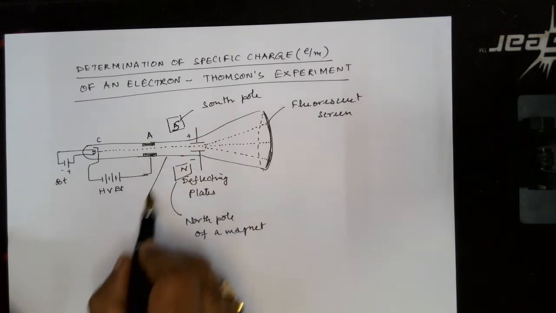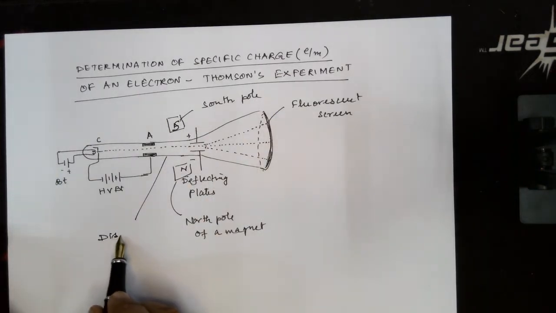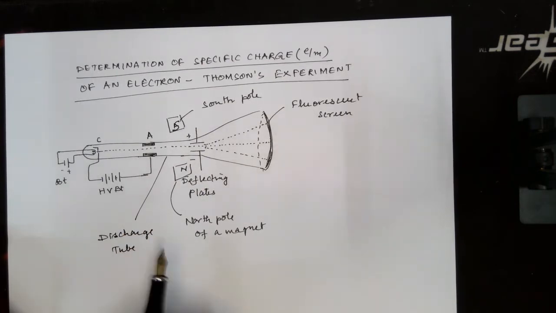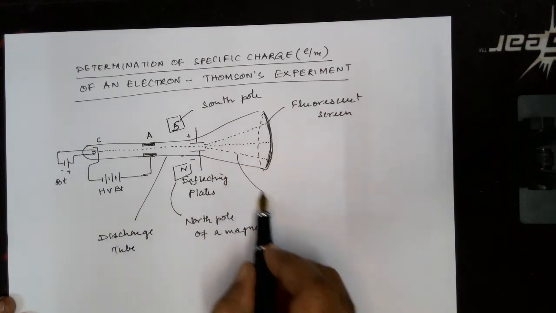And this is the discharge tube. Overall is the discharge tube. And this is the deflection of cathode rays.